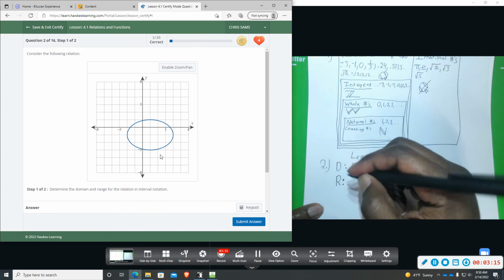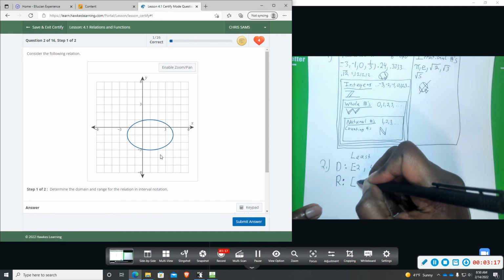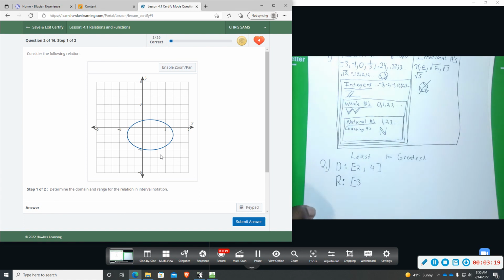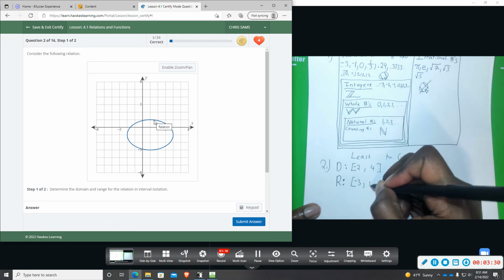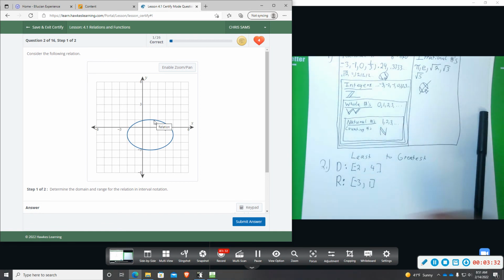And again, it's going to be in bracket because we actually do reach that point. And then how high up? Starting at 0, we go up just 1 unit. So the highest point is 1. And so this is how you'll do domain and range when you have a graph. You're looking left and right for domain, and then you're looking bottom to top for range.